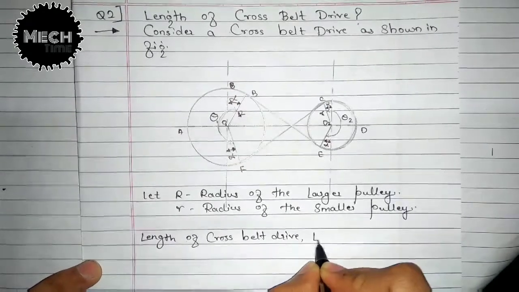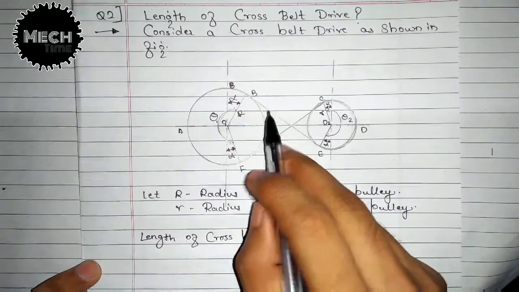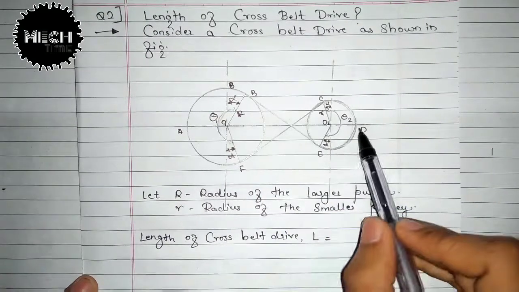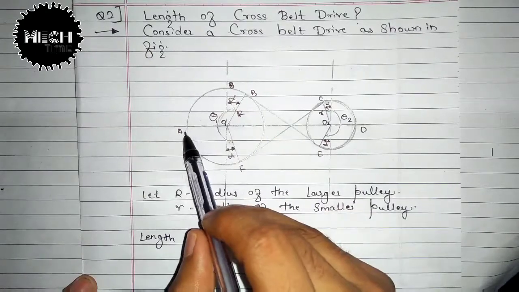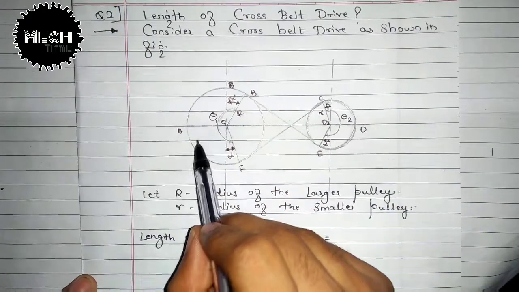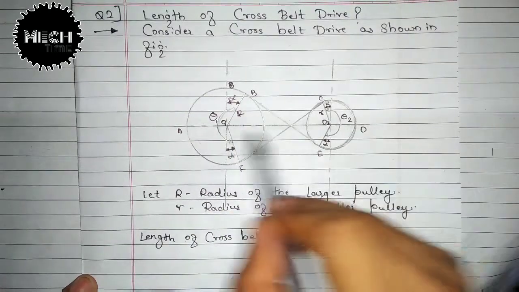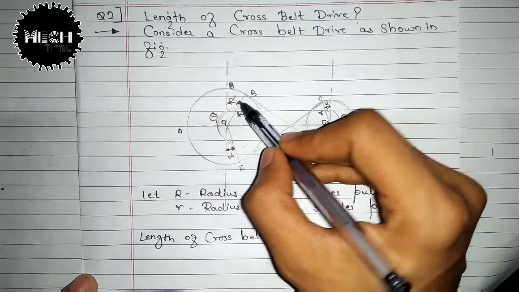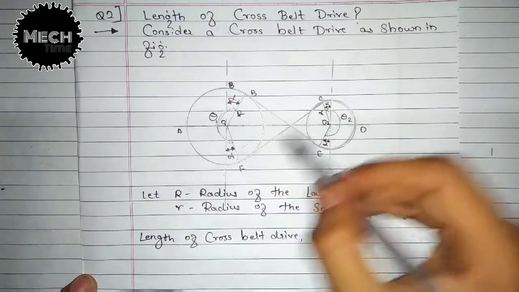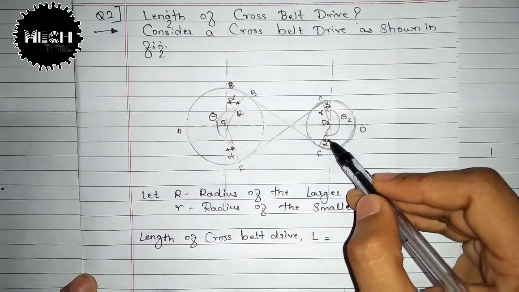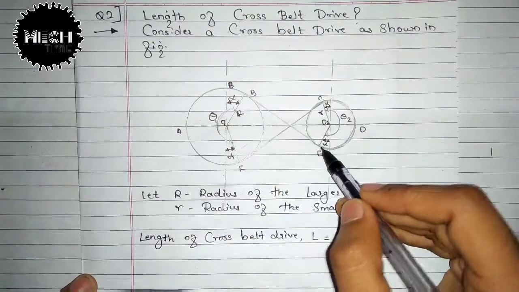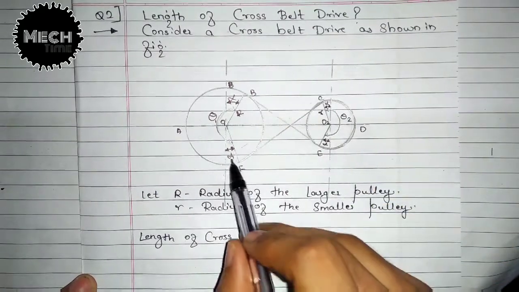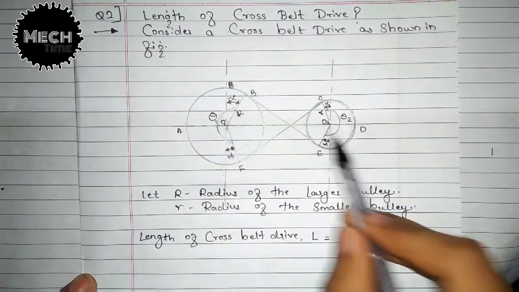As it is symmetrical, if I multiply by 2, I'll get the values of the remaining points. As I told in the last video, if I cut it in half, this will be a symmetry. Whatever angle is here on this pulley, the same angle is obtained here, which I have given as alpha.